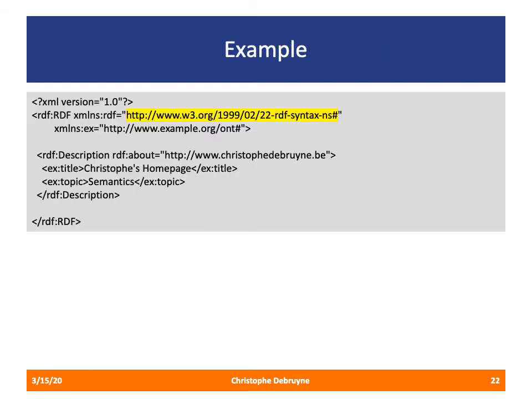So let's dive into the deep end of the pool with this example. This is an RDF XML document that will describe my website. Now notice that inside this document I have declared the RDF namespace.